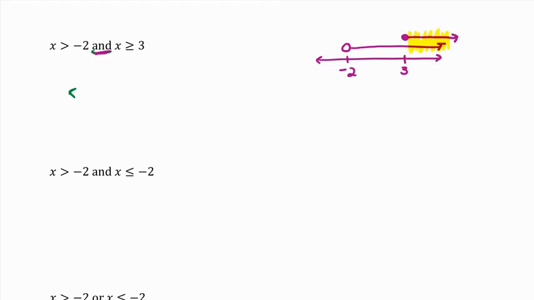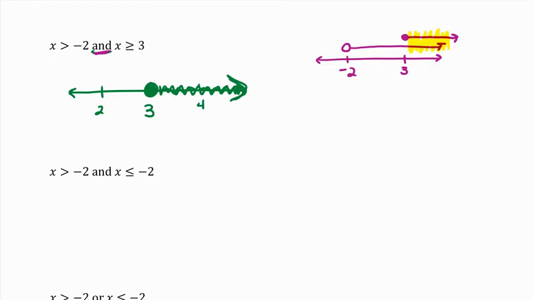So actually, let's change that. And let's replace, all we really need on this graph is a 3, right? And then I had a closed circle on 3. And where they overlap is everything to the right side, and that goes on forever. So I would shade all of that. Okay, now if I look at this graph, if you want to put the other numbers on here, you could.